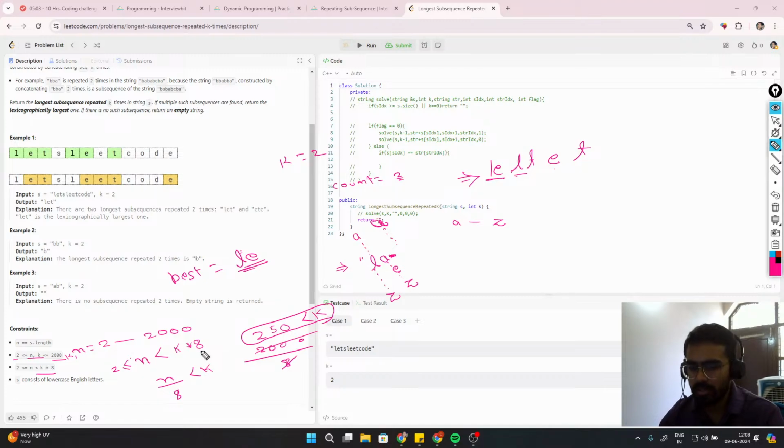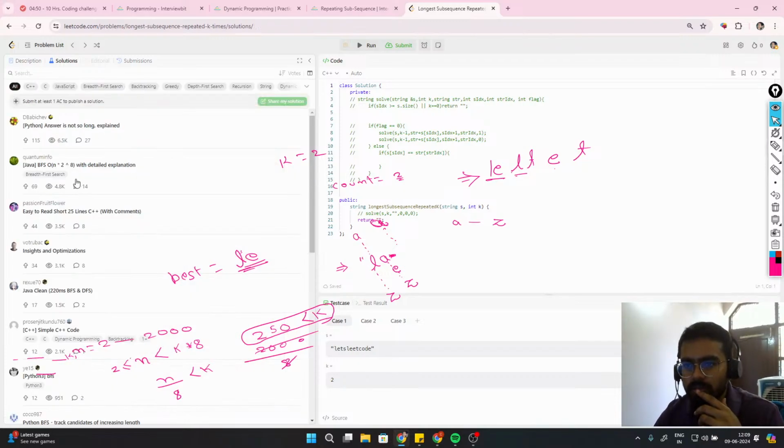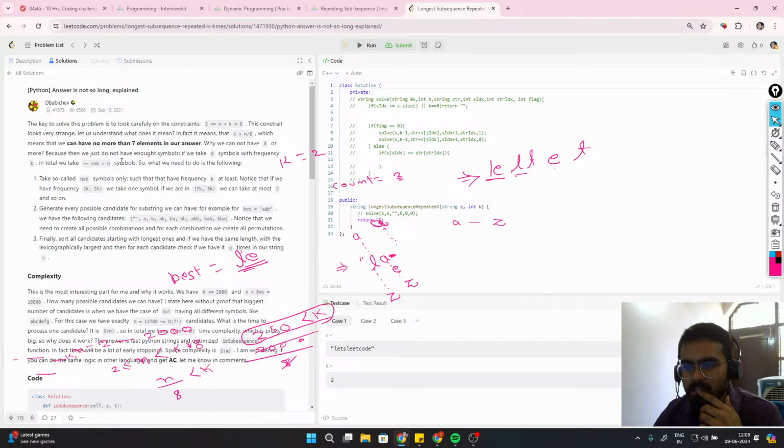How is he saying that the answer cannot have more than 7 elements? That is also something I need to know. I need to know why. This is one of the solutions that I understood, and this is really a great solution. The only thing I didn't understand is this constraint. It's saying N is lesser than K times 8.